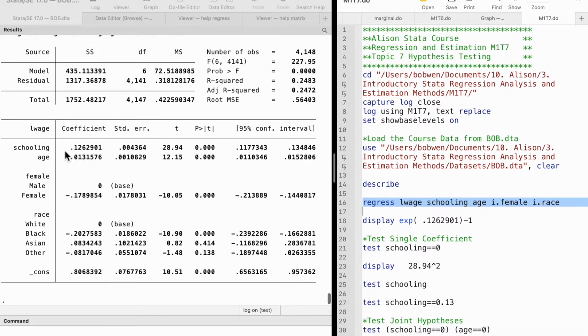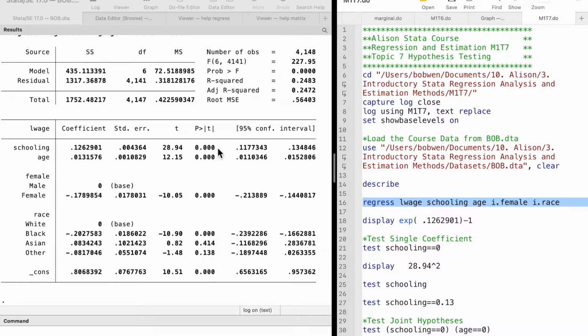The regression output provides the t-statistics and the p-values for the t-tests against the null hypothesis that the coefficients are zero. The two-sided alternative hypothesis is that the coefficient is not zero.